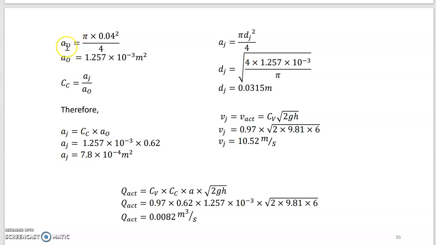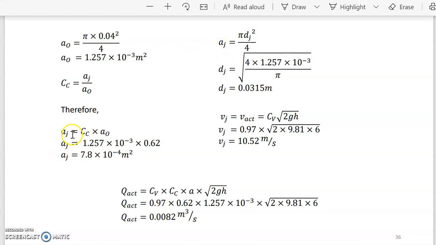The area of the orifice equals pi d squared over 4, so we get the area of the orifice as 1.257 times 10 to the power of negative 3 square meters. Then we use the formula for the coefficient of contraction equal to the area of the jet over the area of the orifice.